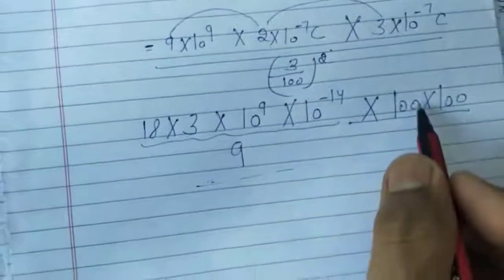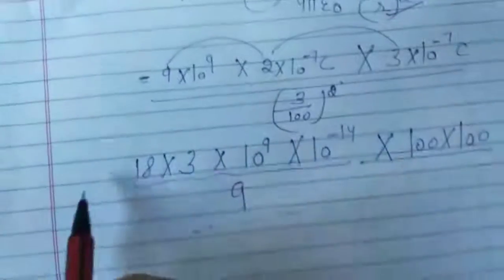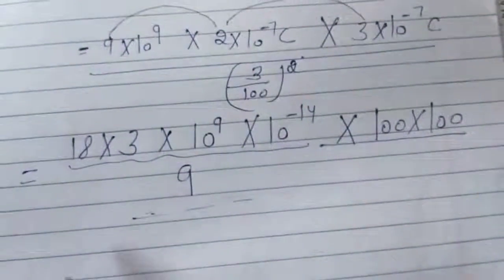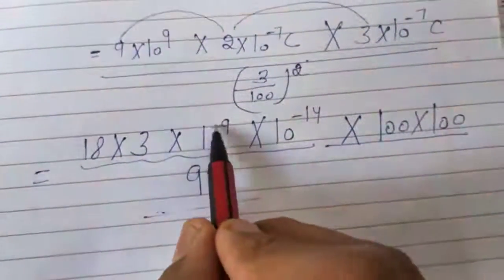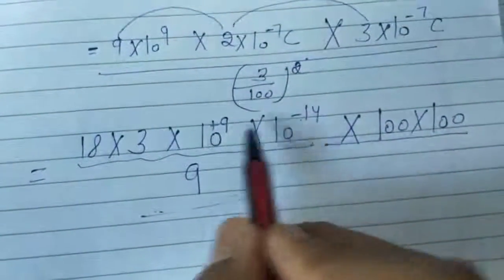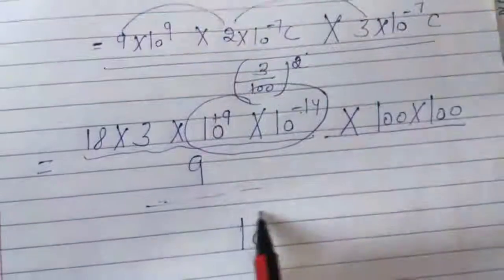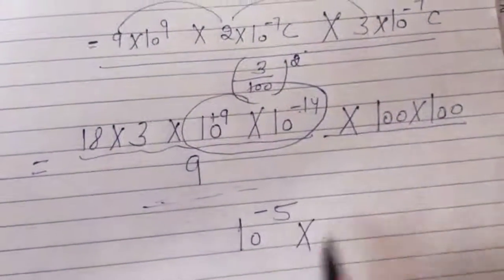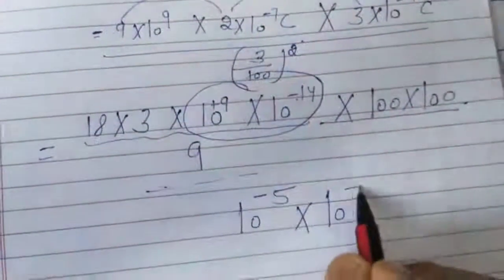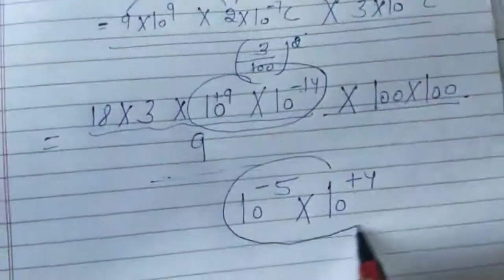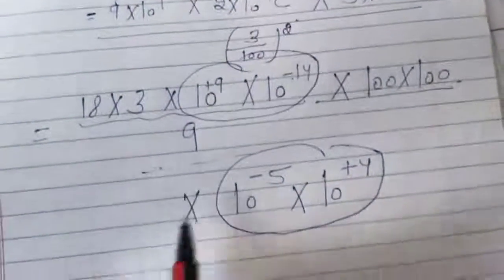This 100 into 100 will come to the upper side. So 9 minus 14 will become minus 5. 10 to the power minus 5 into 10 to the power plus 4. So what will it become? 10 to the power minus 1.